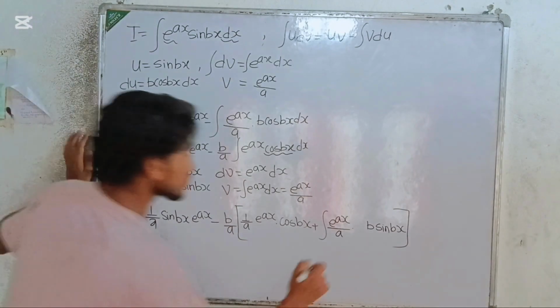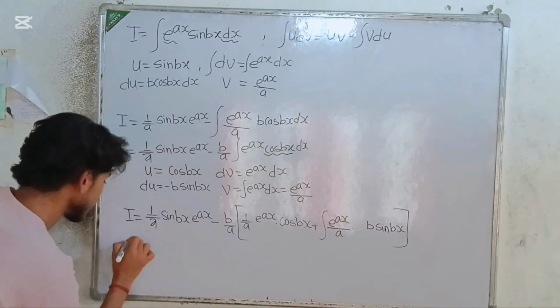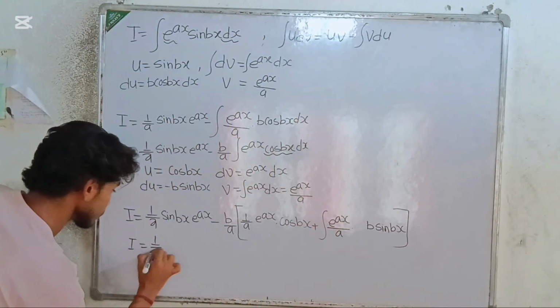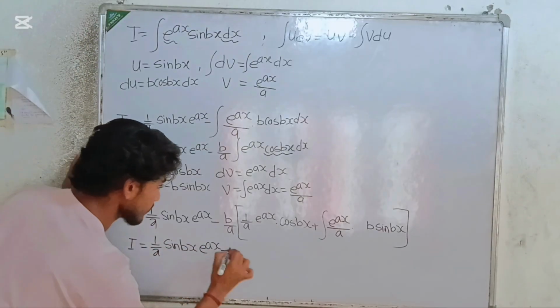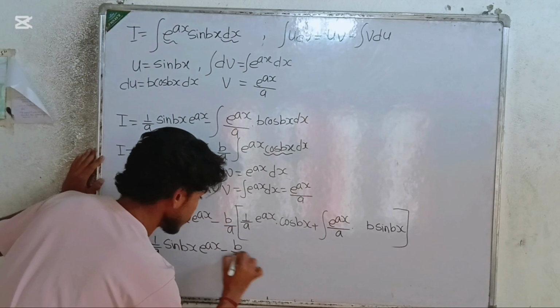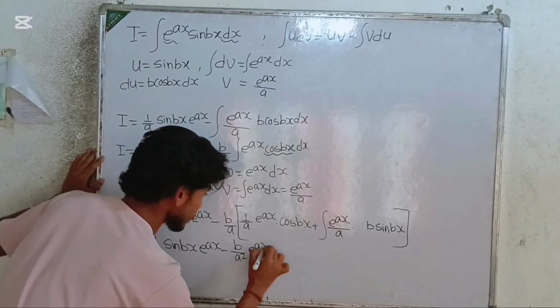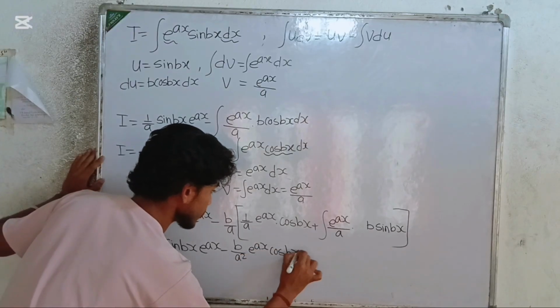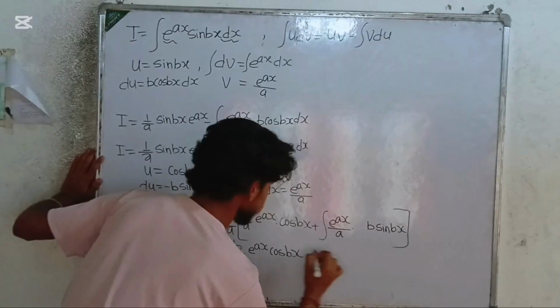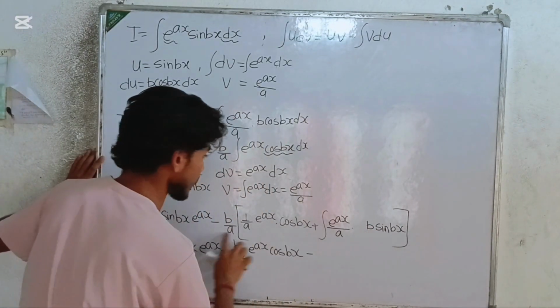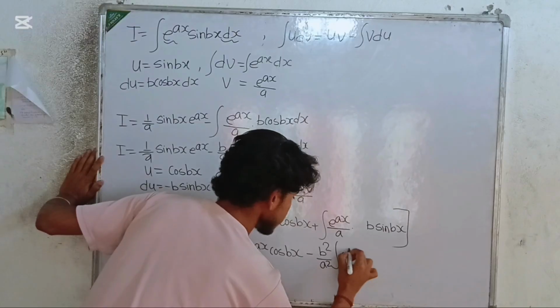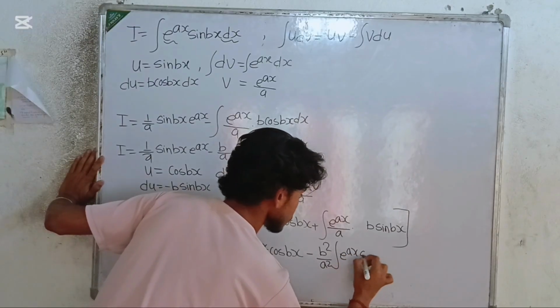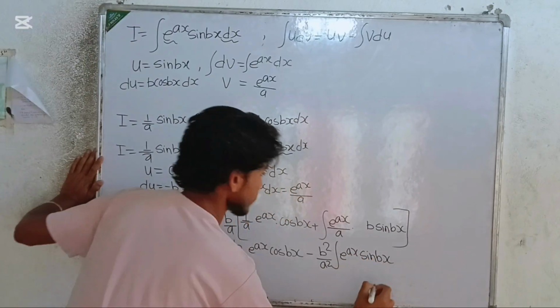If you look at this, I get sine bx e to the ax minus b over a squared e to the ax cosine of bx, plus b squared over a squared times the integral of e to the ax sine bx dx.